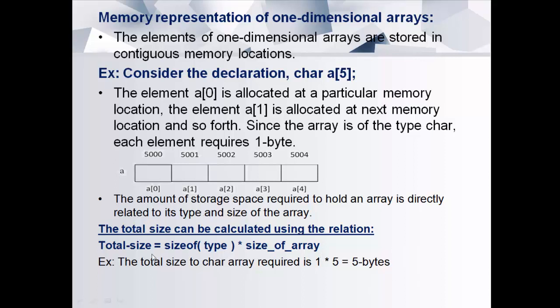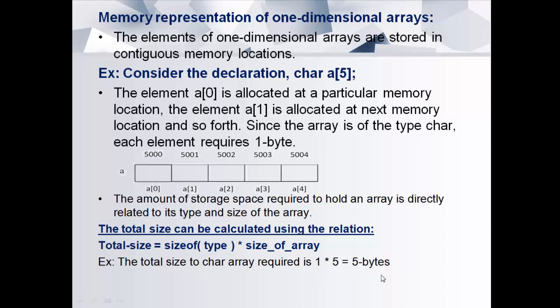multiplied by the size of the array. In the above example we have taken the data type as char, so sizeof(char) multiplied by the size of the array, which is 5. I already told you that the character data type needs only 1 byte of memory. So the total size of the char array is 1 into 5, which is 5 bytes.